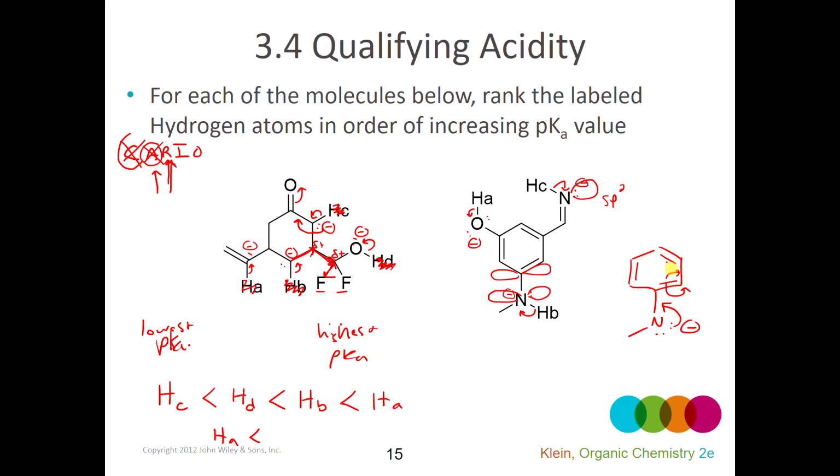Or this could shift around and move this negative to that carbon. Or this could shift in there and move the negative to that carbon. So actually the negative is going to be spread out over 4 total atoms once the resonance happens there. And so that should really stabilize that negative a lot more than just putting it in one single sp2 orbital on one atom and concentrating all that extra negative around one atom. So I can say HB should have a lower pKa than HC. Any questions about those?